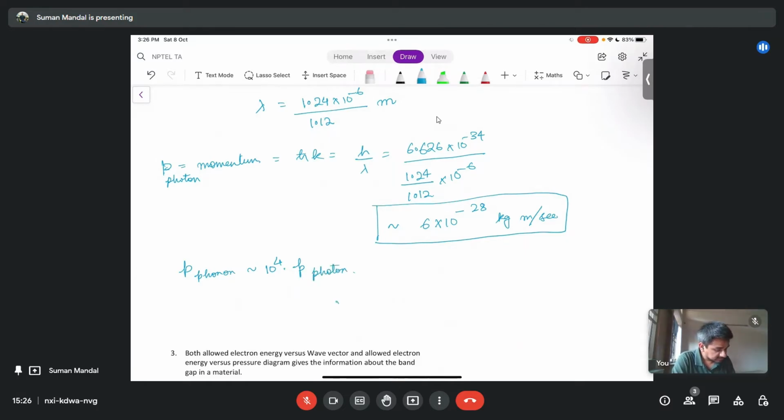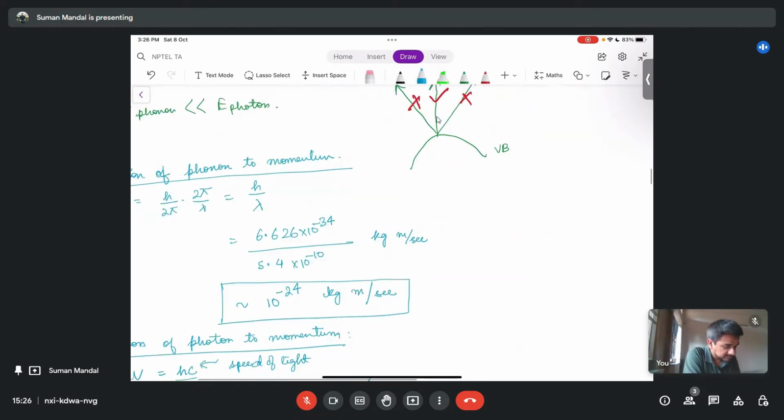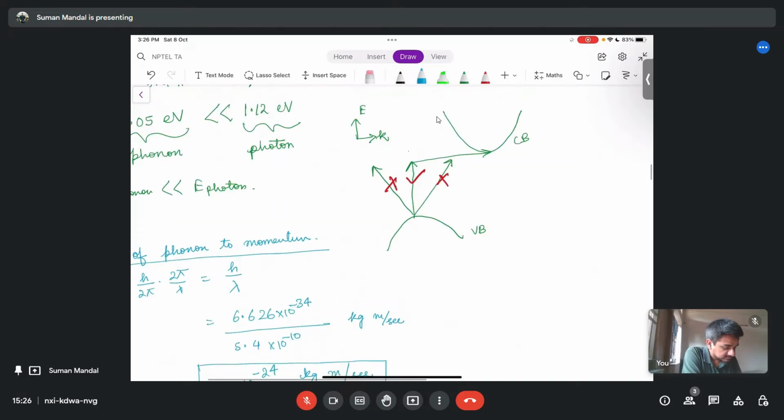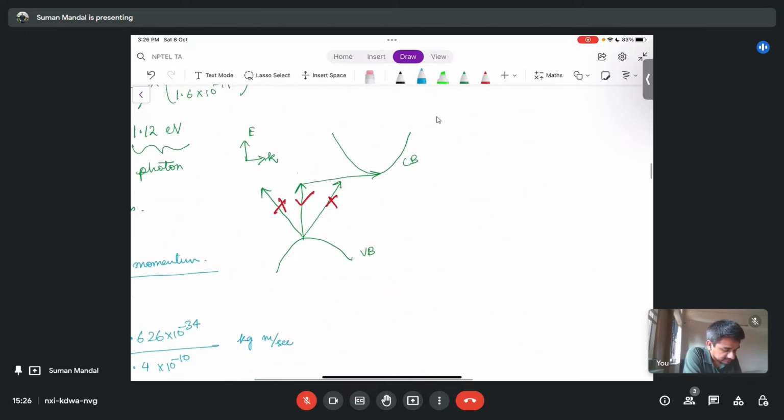So the momentum of phonon is much larger than the momentum of photon. That is why we show in an image like this that the momentum change because of photon is negligible.